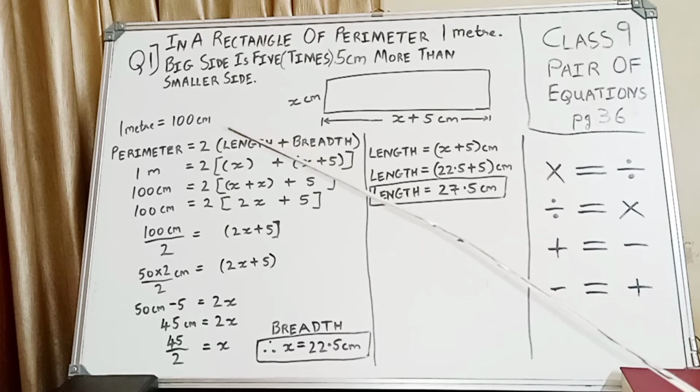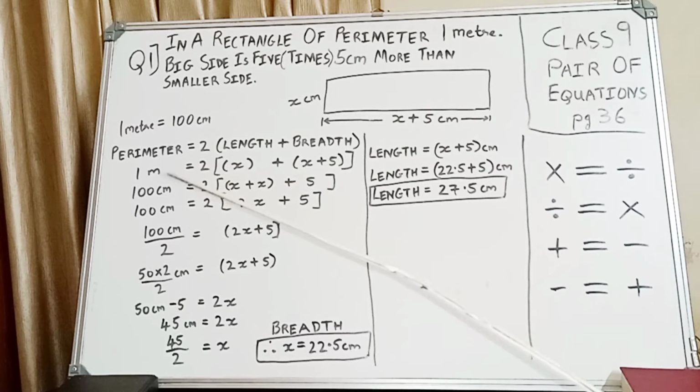Okay, as we are already aware, 1 meter is equal to 100 centimeter, and for perimeter, the formula we have learned in 8th standard, perimeter is equal to 2 into bracket open, length plus breadth, bracket close.